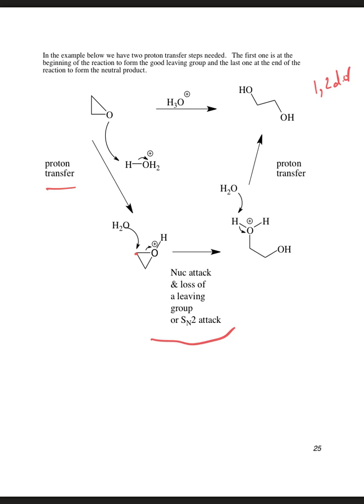And then we have the proton transfer to remove that extra hydrogen off of our oxygen to give us the ethylene glycol. Okay, so in this one, and proton transfers are easy, you'll see those a lot in these mechanisms, so keep track of where they are and what has to happen.